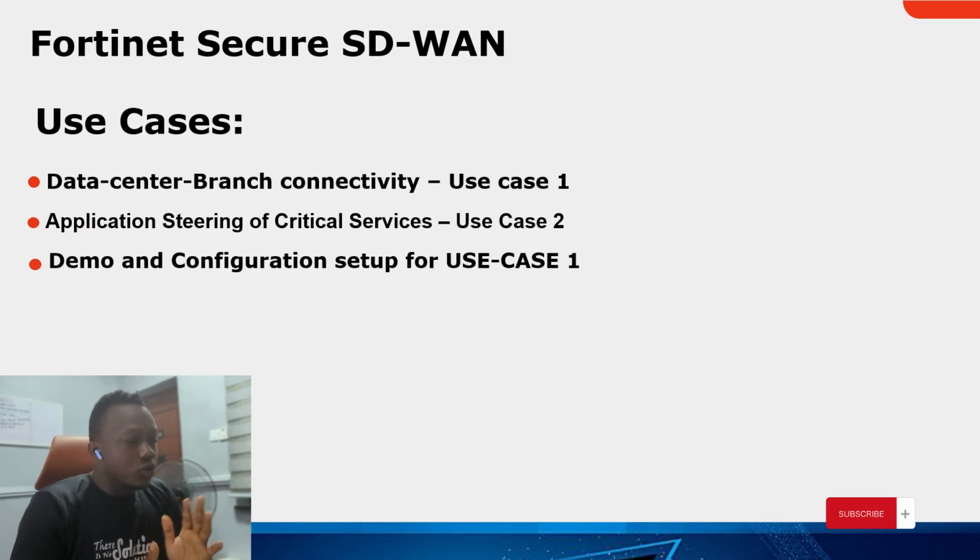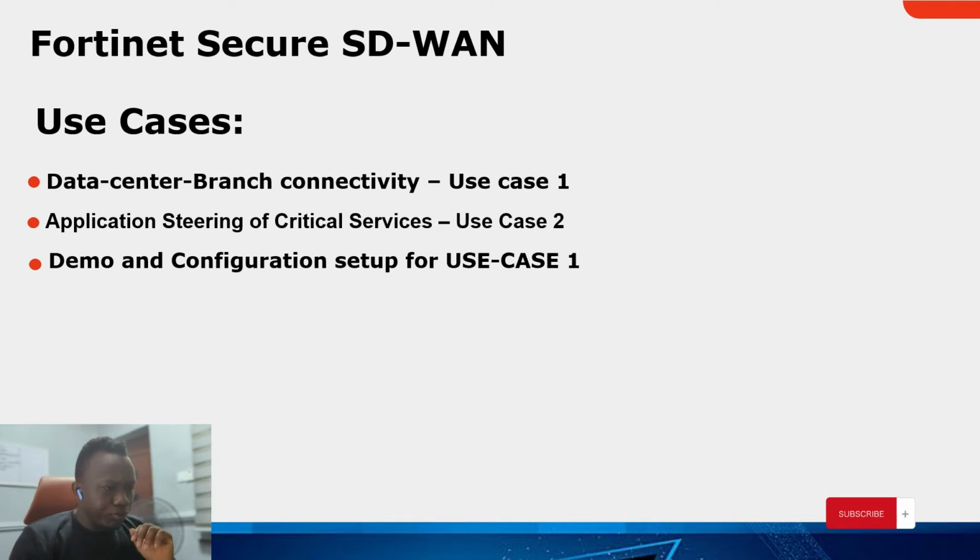So we're going to talk about Fortinet SD-WAN, which is secure SD-WAN. And before we dive into the use cases on the screen, I would like to talk a little bit about Fortinet SD-WAN, the device itself, and all that.